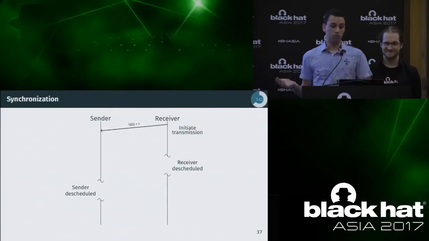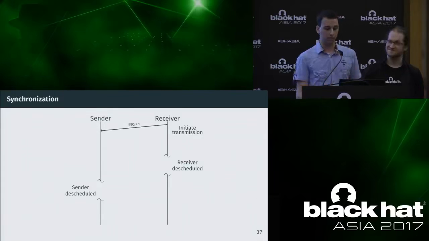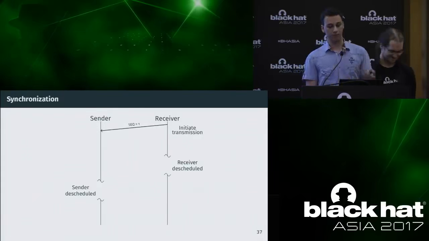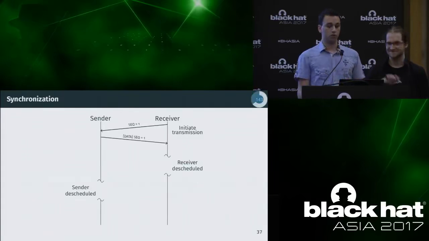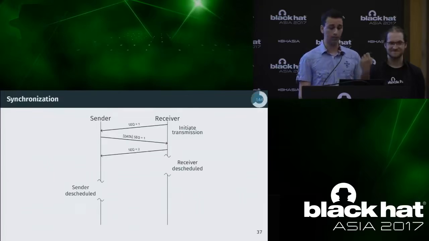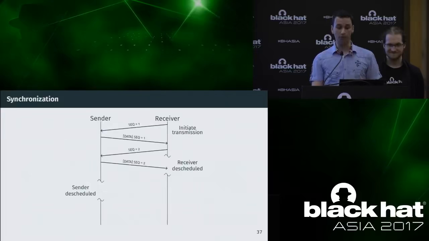So the protocol looks something like that. The receiver starts, because it's a request to send scheme, and the receiver tells the sender, give me the packet with sequence number 1. So the sender sends back packet with sequence number 1. The receiver acknowledges that by requesting packet number 2. The sender sends packet number 2, but the receiver is not scheduled, so it cannot receive the data.